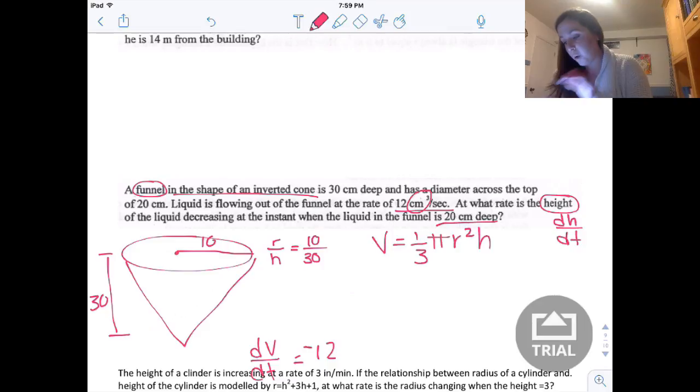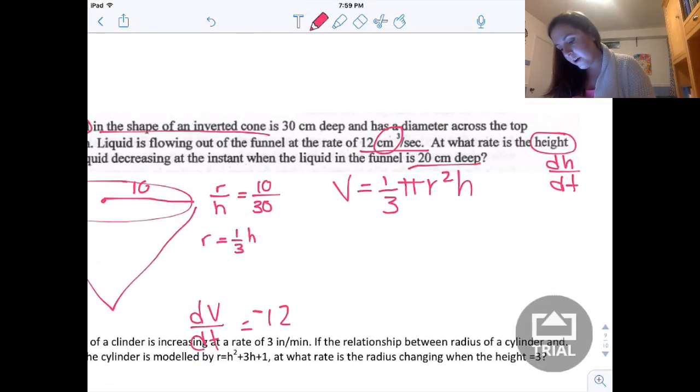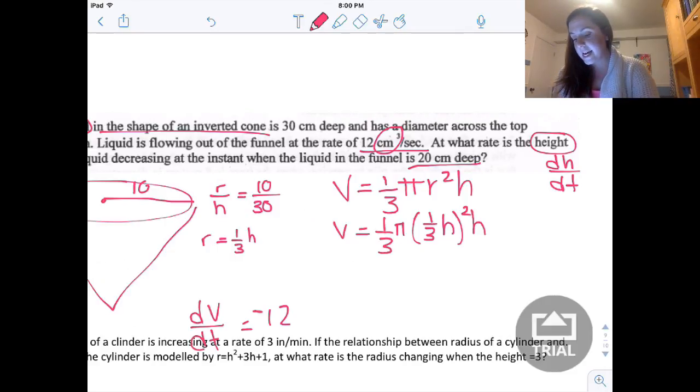But I'm going to try to get this in terms of H. So I want to plug in for R. So R is 1/3 H, just cross multiplying. So volume is 1/3 pi times (1/3 H) squared times H. And square everything.